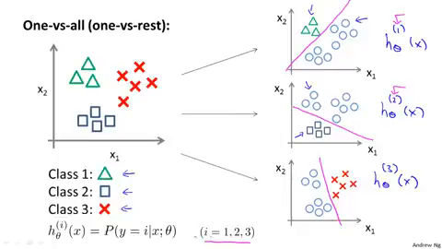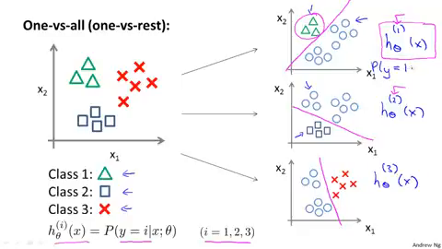So for i equals 1, 2, 3, we've fit a classifier h superscript i subscript theta of x that's trying to estimate the probability that y is equal to class i given x and parameterized by theta, right? So in the first instance, for this first one up here, this classifier was learning to recognize the triangles. So it's thinking of the triangles as a positive class. So h superscript 1 is essentially trying to estimate the probability that y is equal to 1 given x and parameterized by theta.